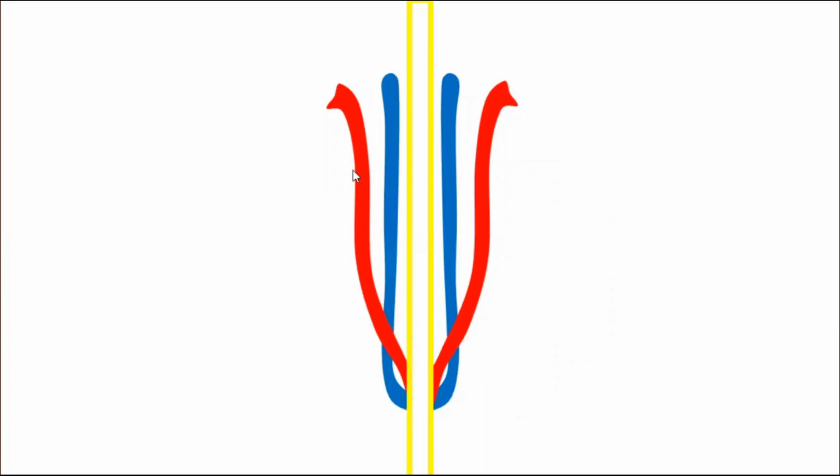They are called paramesonephric ducts. This duct is the mesonephric duct or Wolffian duct, and also there are two paramesonephric ducts or Müller's ducts. And Müller's duct plays a key role in the development of the female reproductive tract.